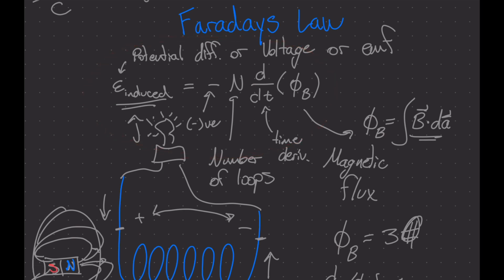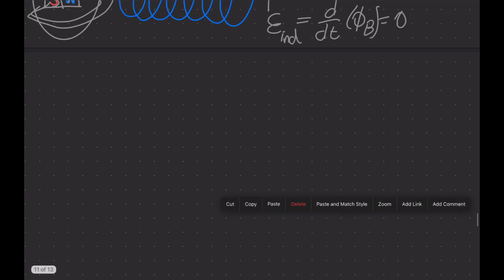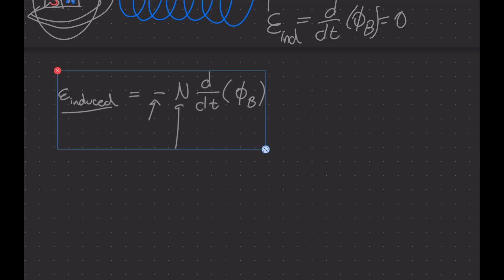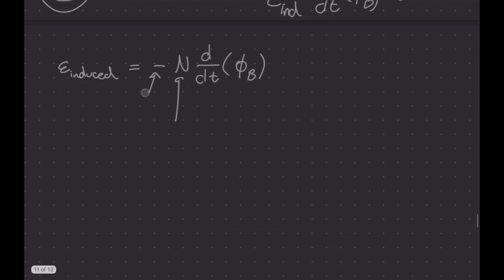So if that feels good with y'all, I'm going to take a slightly deeper dive into this by copying this onto the next page over here. So we got Faraday's law, and we also have expanded this Phi_B.